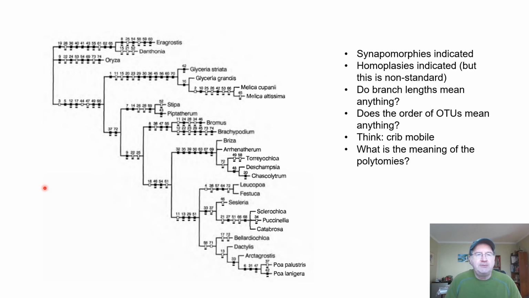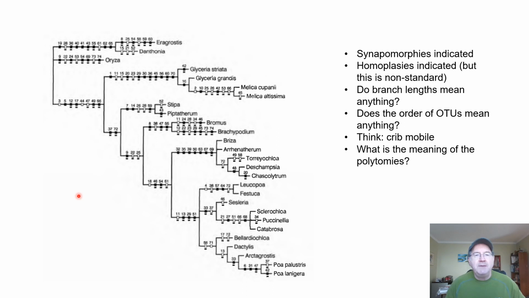And so what they're illustrating here, each of those dots represents an apomorphic character state on this tree. So let's pick one at random. This group here from Briza all the way down to Poa lenigera, this group, arising from this branch here, is supported by 4 synapomorphic characters.